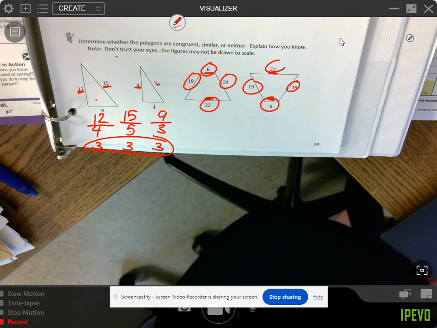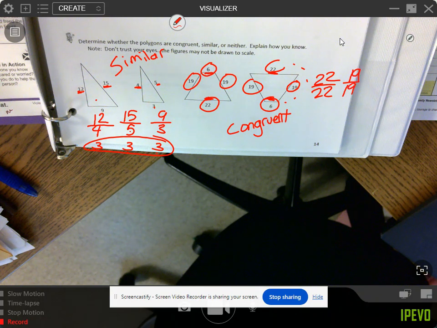So yes, this one was similar. This one is congruent, because we can rotate it up and flip it. Okay? Won't they all be divided by 2 as well? Yeah, so when something is congruent, it would be 22 over 22, 19 over 19, 19 over 19, 6 over 6.